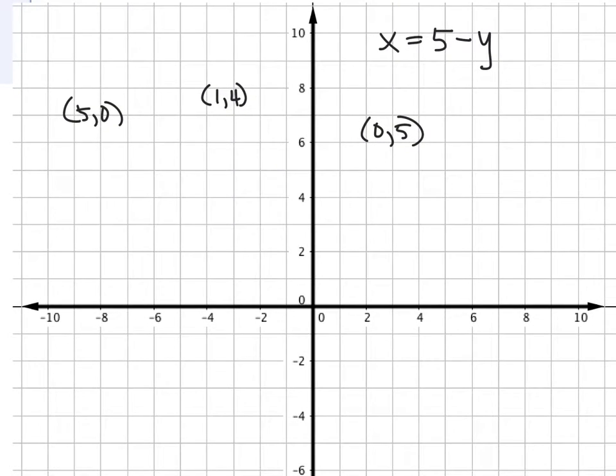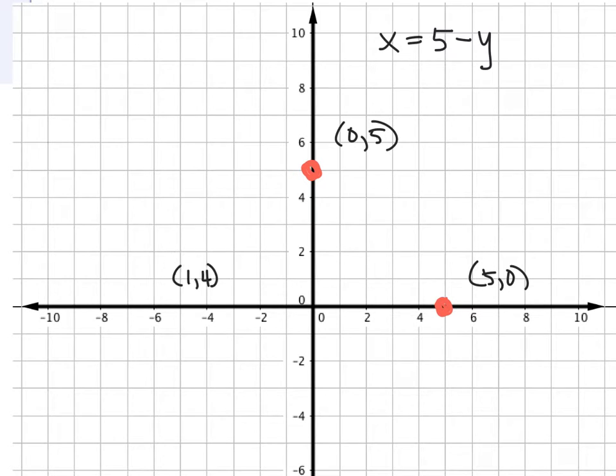And so where are those dots going to go? Well, let's start with this one, 5, 0. So that's going to go over here at 5, 0. And then we have, let's do this one, 0, 5. So 0, 5 is going to go right here at 0, 5, and you can already start to see a line, possibly.